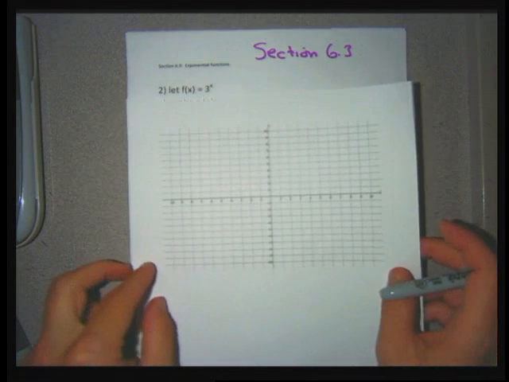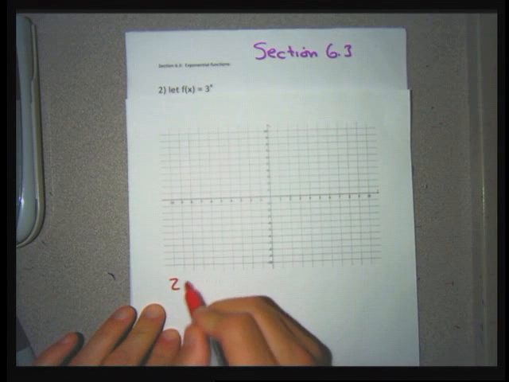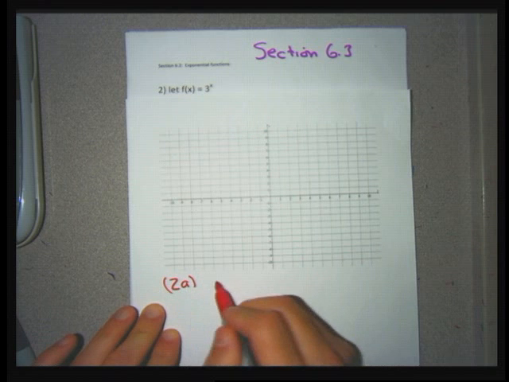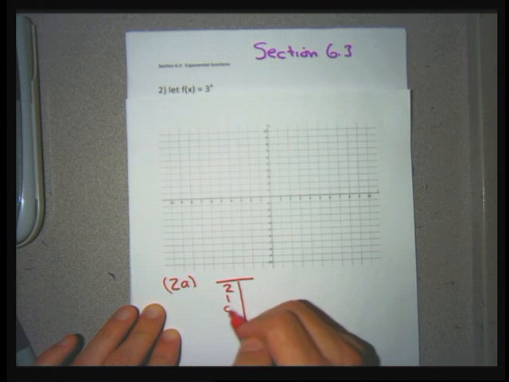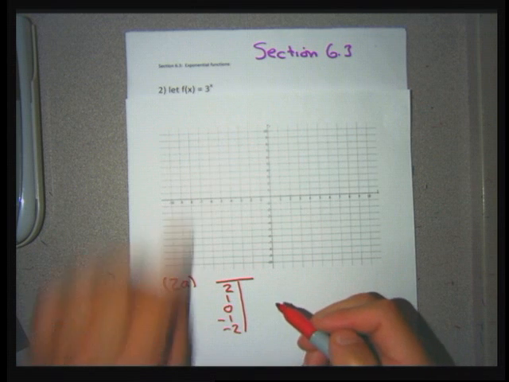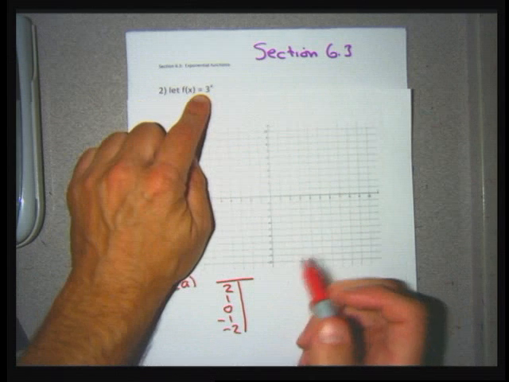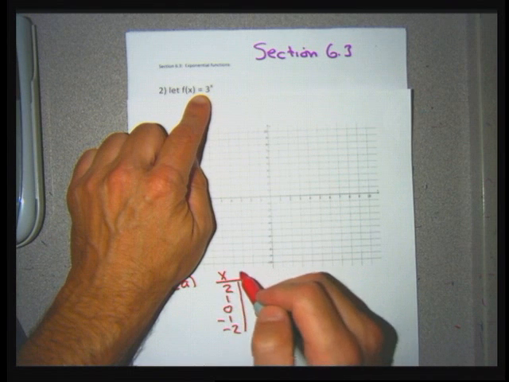But to do part A of number 2, my table of values for this is going to be 2, 1, 0, -1, and -2. And then I'm going to take each one of these numbers and plug it into 3 to the x. So my x's are 2, 1, 0, -1, -2.